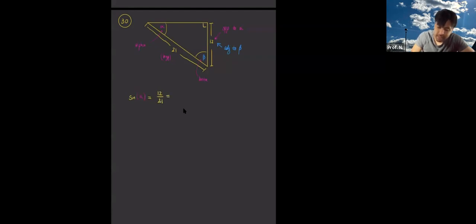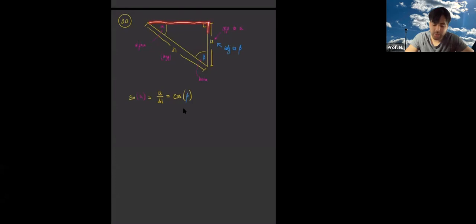But that's exactly the same thing as cosine of beta. And then you have to make the conclusion. You have to make an observation. I don't know if you see it yet. What is the relationship between alpha and beta?